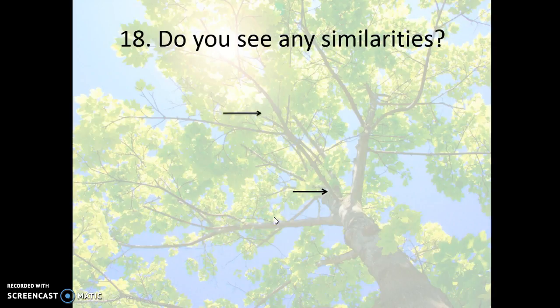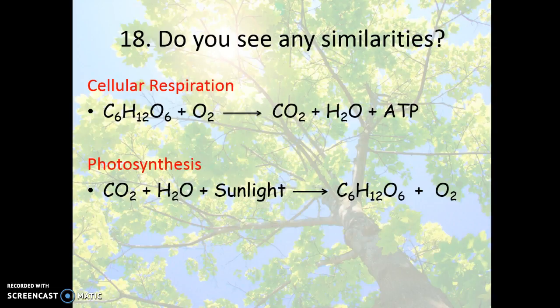So, looking at the two equations that you just learned, this is cellular respiration, this is photosynthesis. Do you see something? Look at the products and the reactants. What you should see is what photosynthesis needs, cellular respiration gives off. And what photosynthesis creates, the product, cellular respiration needs, the reactant.